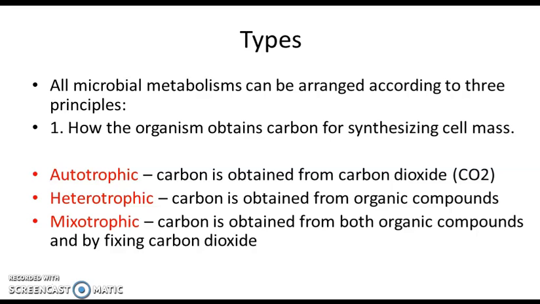It can be mainly through autotrophic metabolism, where carbon is obtained from carbon dioxide; heterotrophic metabolism, where carbon is obtained from organic compounds; or mixotrophic metabolism, where, as the name itself says, carbon is obtained both from organic compounds and by fixing carbon dioxide.